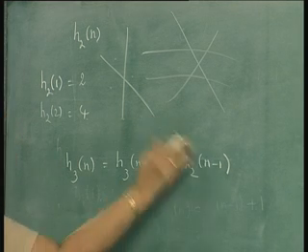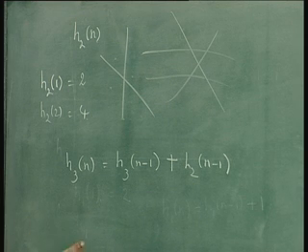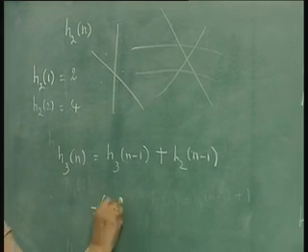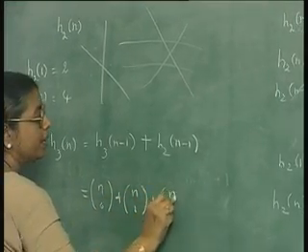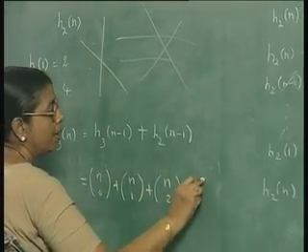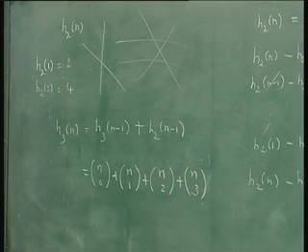So the recurrence relation will be like this. Again, if you use the same argument and solve, you will see that H3(n) is equal to nC0 plus nC1 plus nC2 plus nC3. The working out I will leave as an exercise to you.